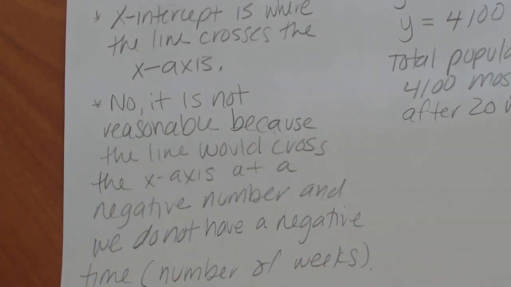So it is not reasonable because it would cross at a negative number on the x-axis, and we don't have negative time, or we don't have a negative number of weeks.